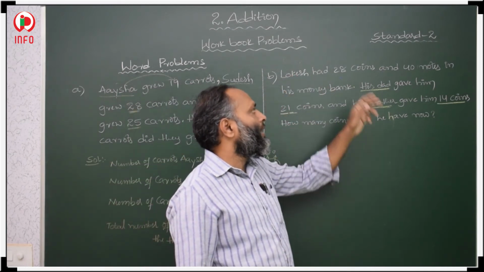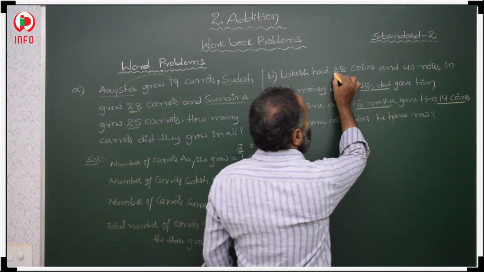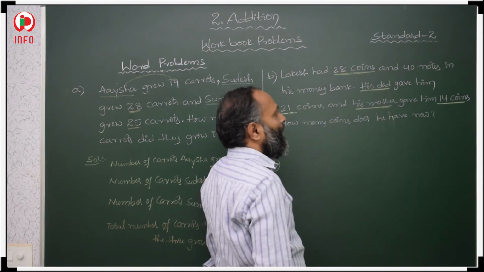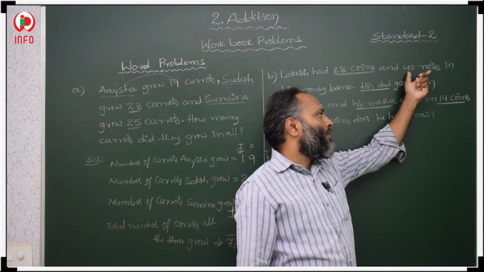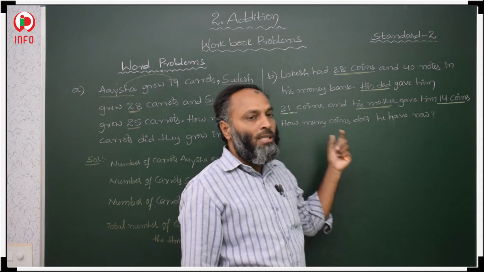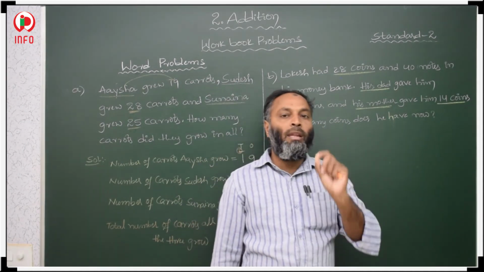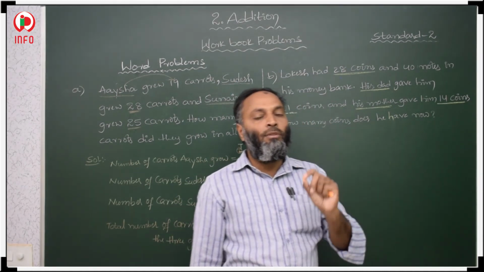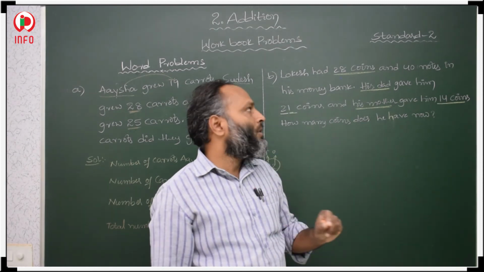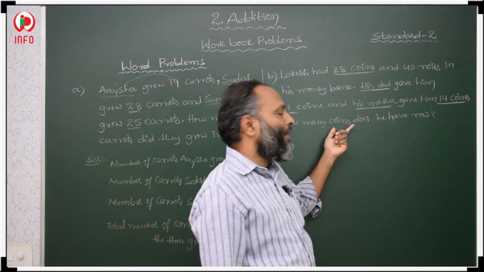First, how many coins he had? 28 coins. Here notes are also there, 14 notes, but in the question he is asking only coins. How many coins are there? So we have to focus on coins only, not notes. Why? Because our question is on coins only.